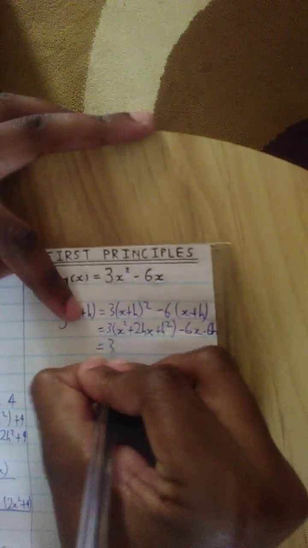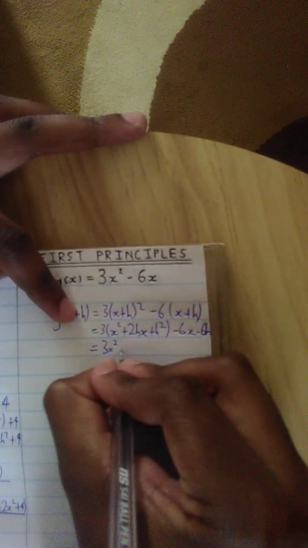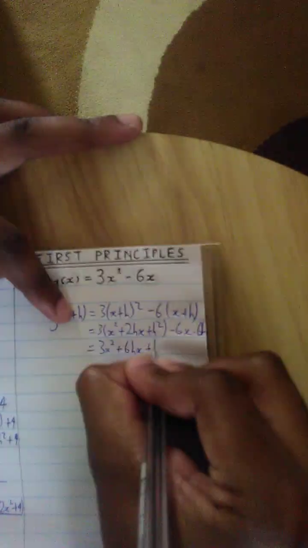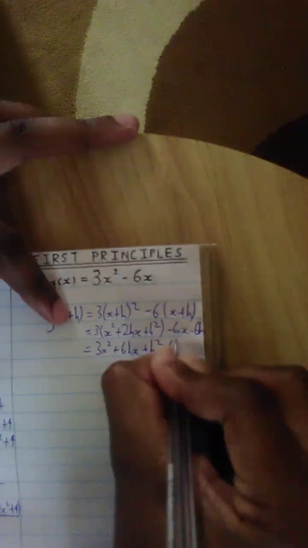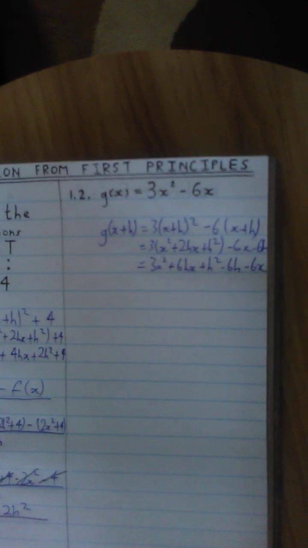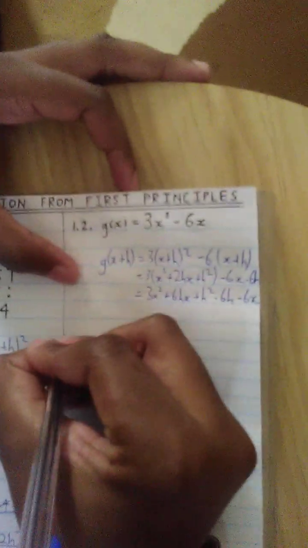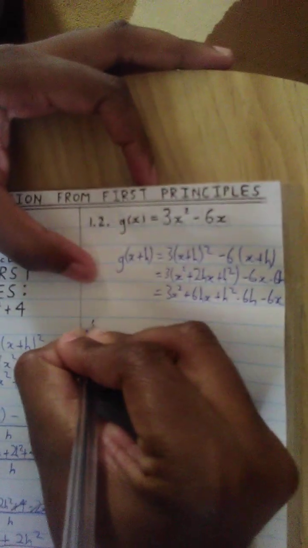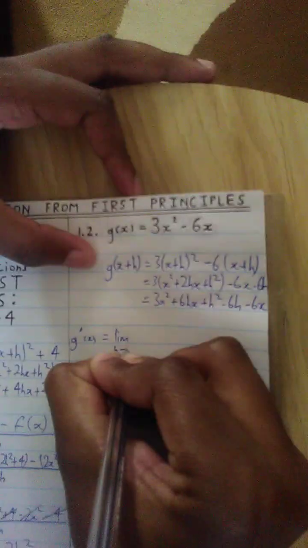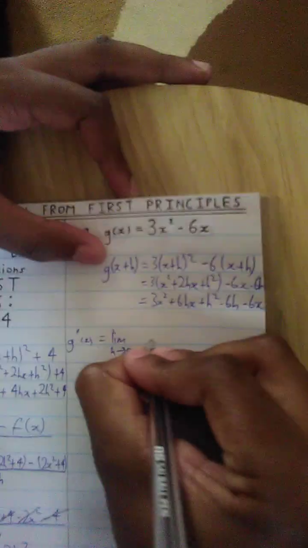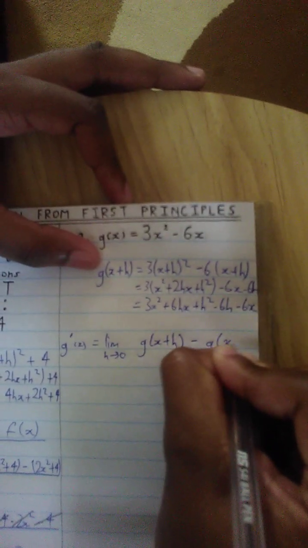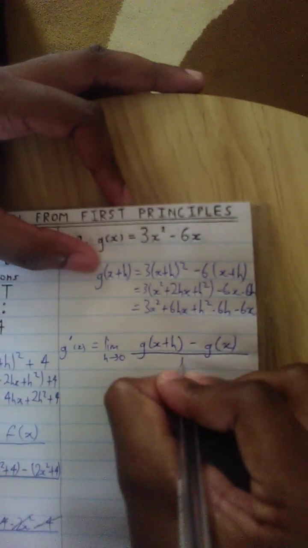3 times x squared is 3x squared. 3 times positive 2hx is positive 6hx. 3 times h squared is plus 3h squared, minus 6h minus 6x. Right? So once again, we're going to use the formula. g prime of x is equal to the limit as h approaches 0 of g of x plus h minus g of x all over h.